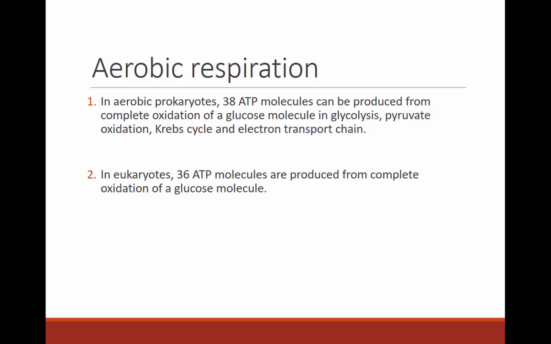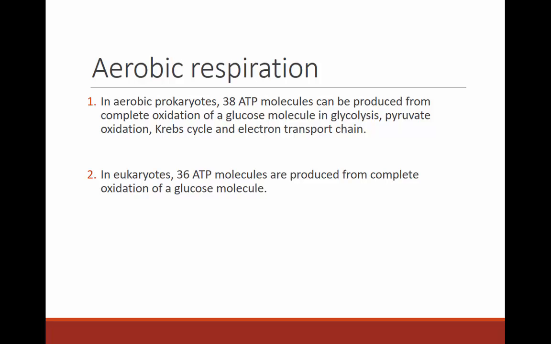And so if we were going to put that all together, if we're talking about aerobic respiration in prokaryotes, 38 ATP molecules can be produced from complete oxidation of one glucose molecule.